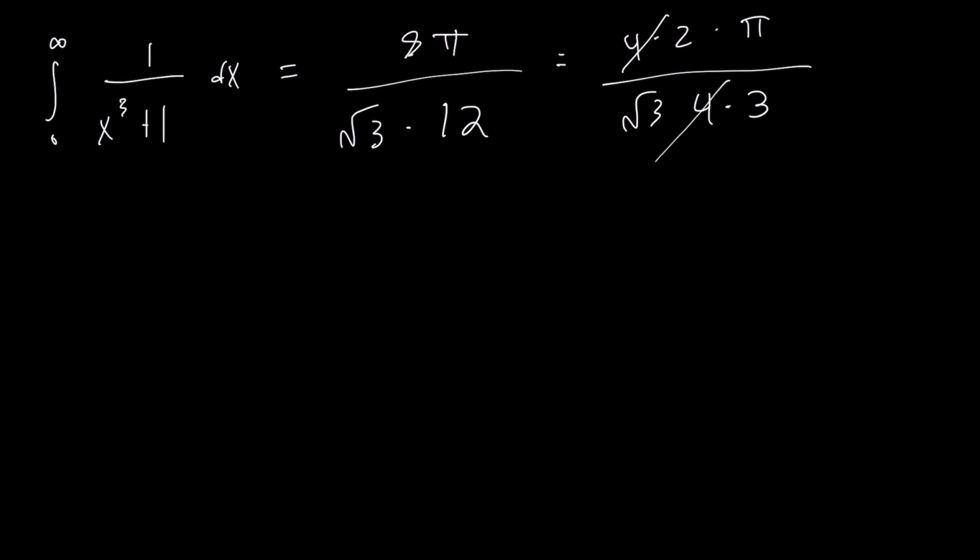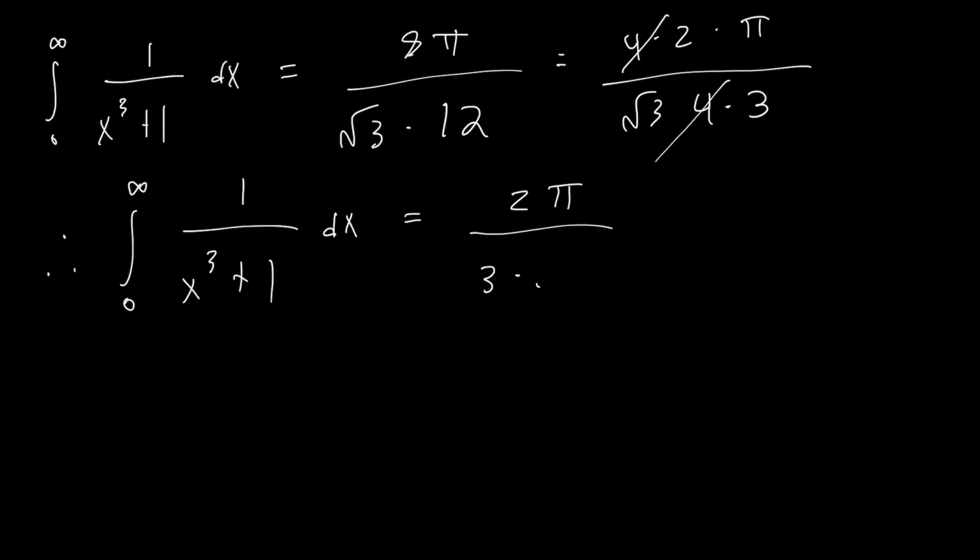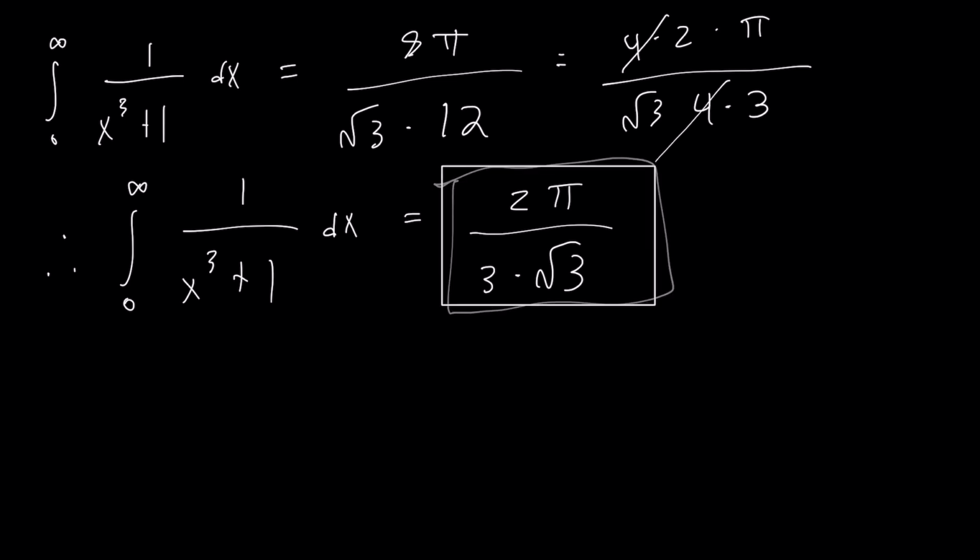So now we could say that therefore the integral from 0 to infinity of 1 over x cubed plus 1 dx is equal to 2 pi over 3 times the square root of 3. And so this is the final result to the desired integral.